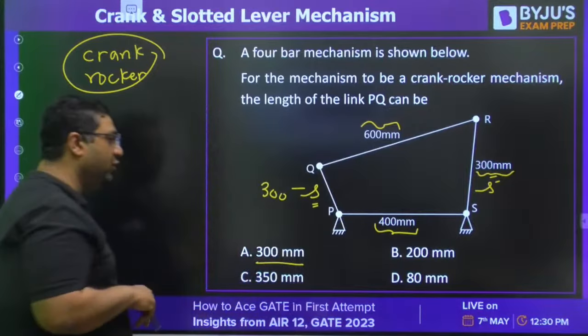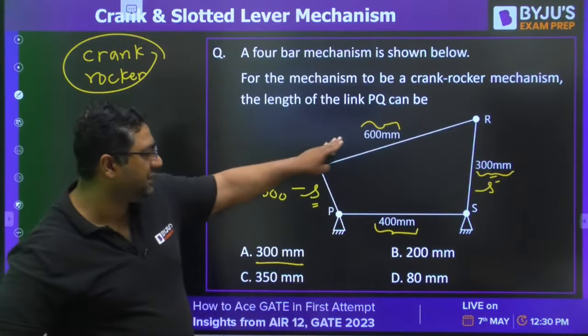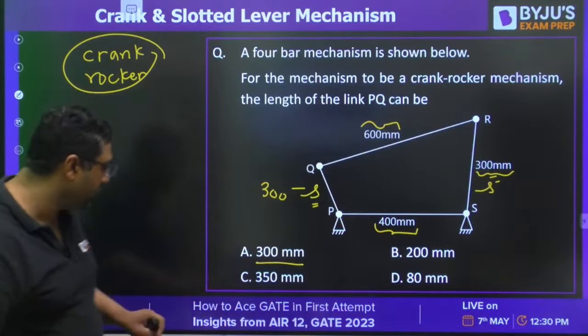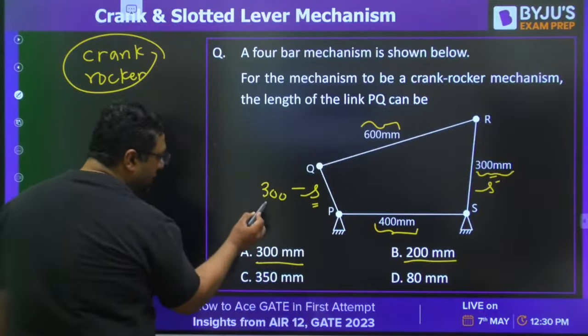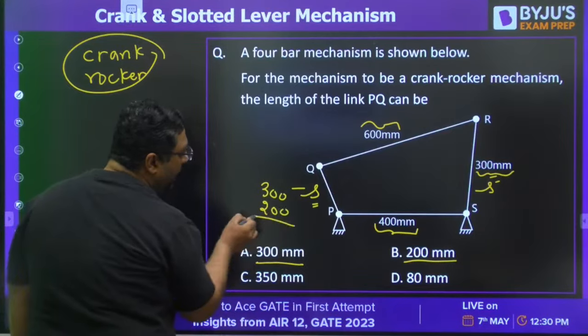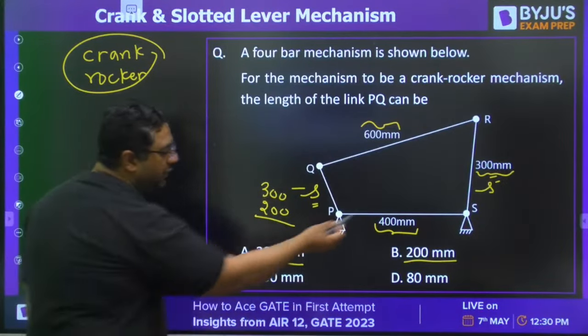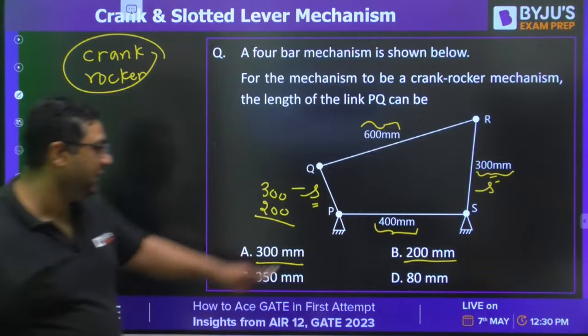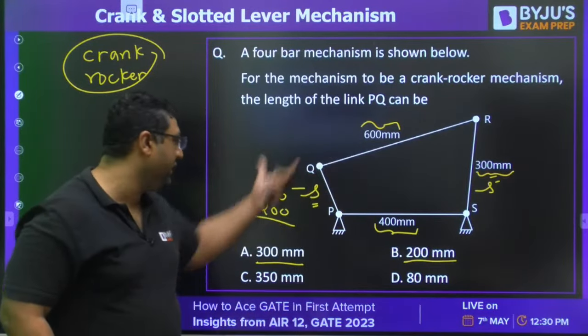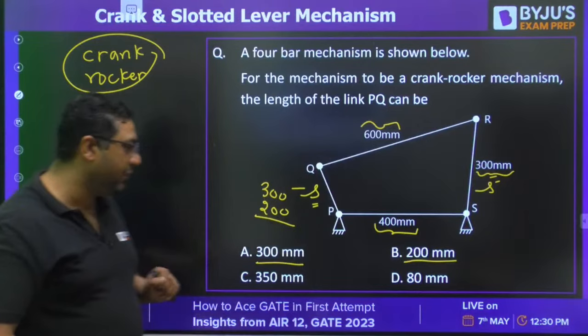So obviously this is shortest, this is longest, and you will have double rocker. If you use the value 200 mm, then 200 plus 600 is 800, and 400 plus 300 is 700. Then 800 is more than 700, so you will have double rocker.